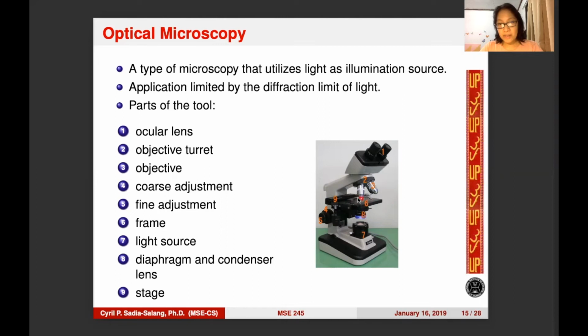So the specimen is positioned here on the stage. And then the objective lens. This is used for specimen visualization and it has magnification power. And then the ocular lens, it is also called eyepiece and it is used to look through the microscope.